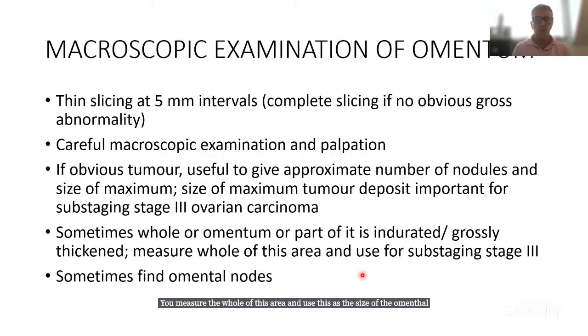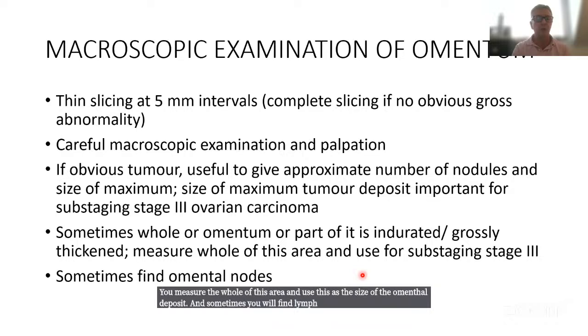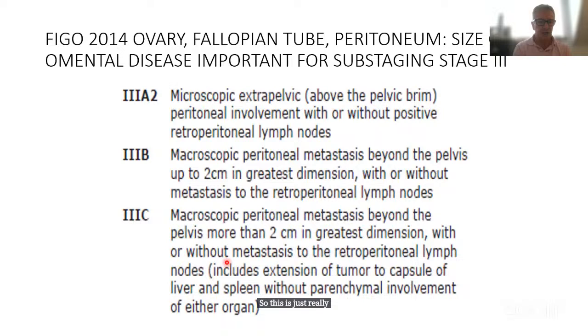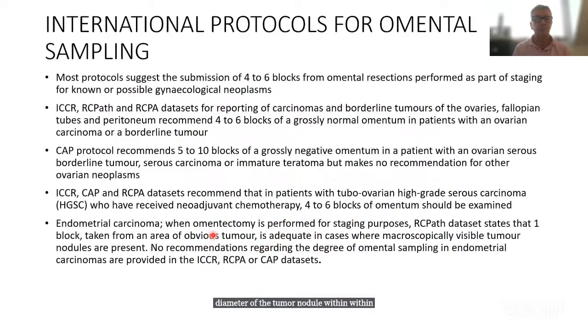Sometimes you will find lymph nodes within the omentum when you're cutting these. This is the substaging of stage 3 tubo-ovarian carcinoma, where the distinction between 3B and 3C is based on the maximum diameter of the tumor nodule within the omentum.